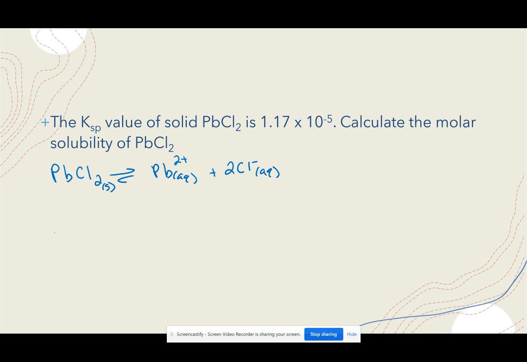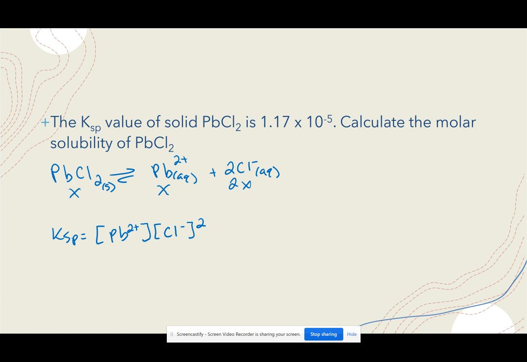So my equilibrium expression is going to be concentration of lead ions times concentration of chloride ions squared. Now, again, if my molar solubility of PbCl2 is X moles per liter, then lead will also be X moles per liter because it's a coefficient of 1, but chloride is going to be 2X moles per liter because it has that coefficient of 2.